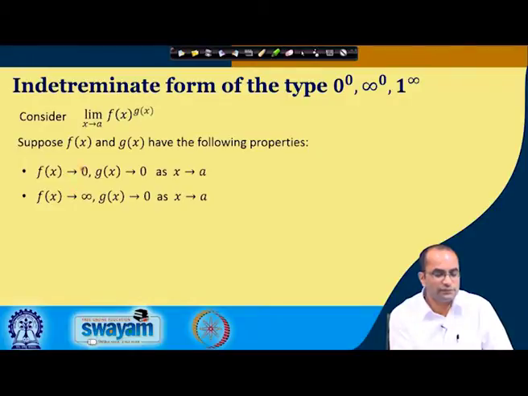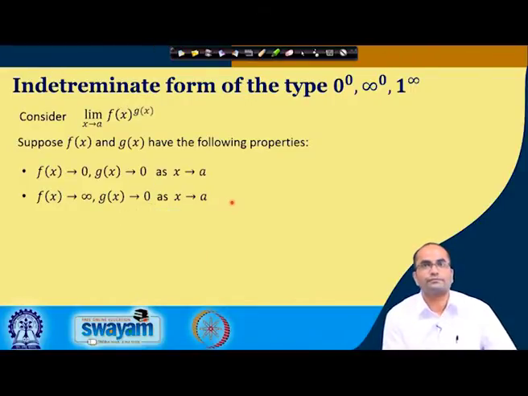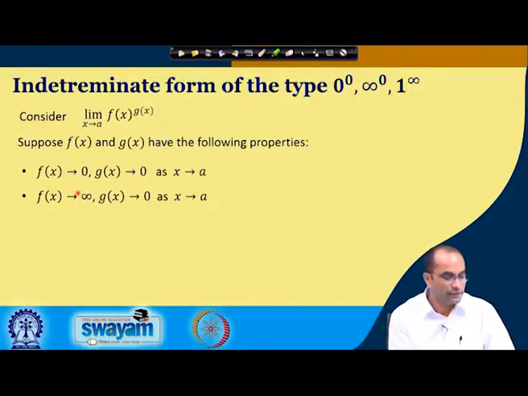In the second case, we consider that f(x) goes to infinity and g(x) goes to 0, so in this case we have infinity power 0 form, and in the third case f(x) goes to 1 and g(x) goes to infinity, so 1 power infinity, the third form.